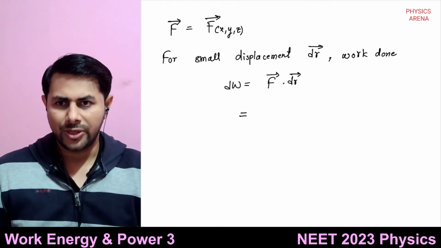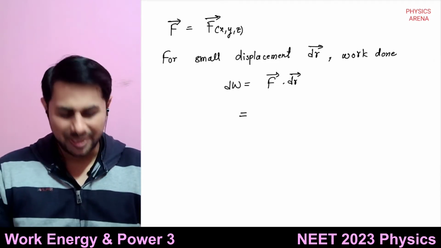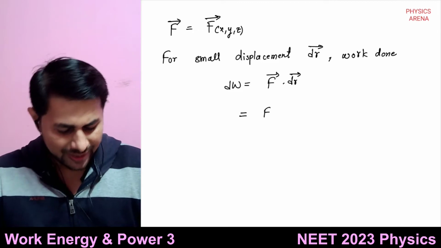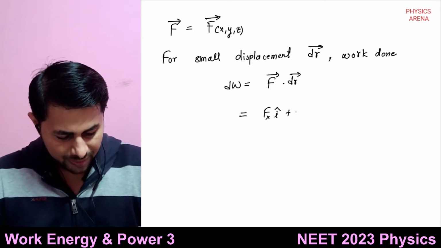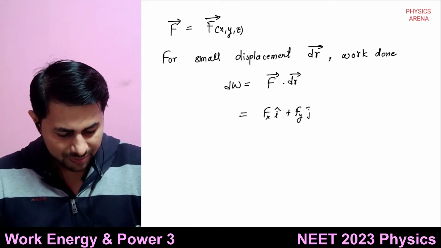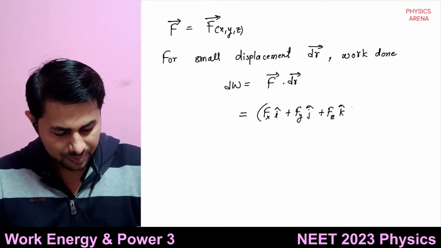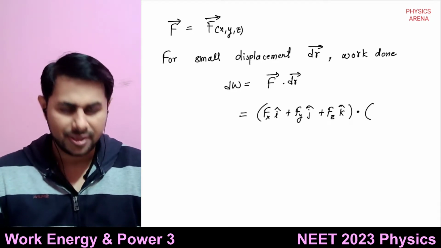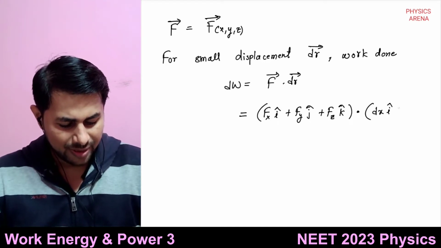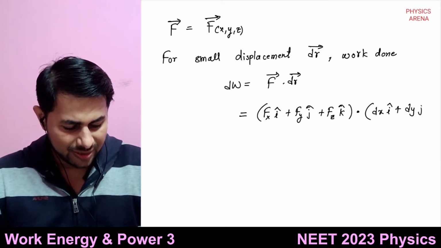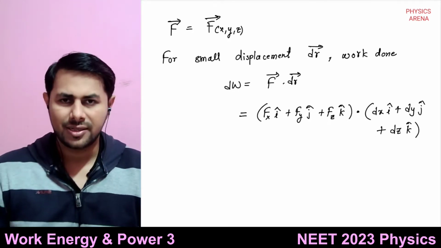There are three components to the force as well as the displacement. So the force can be written as Fx, the x component, multiplied by i cap, plus Fy, the y component, multiplied by j cap, plus Fz times k cap. Similarly, the displacement will also have three components: dx times i cap, plus dy times j cap, plus dz times k cap.